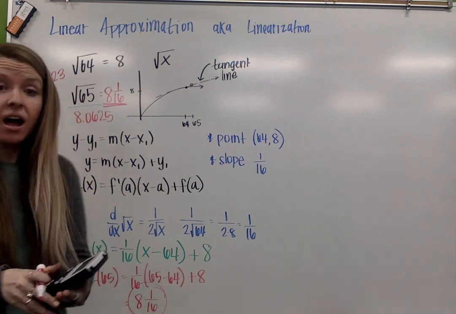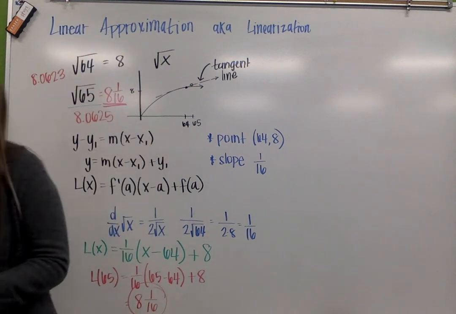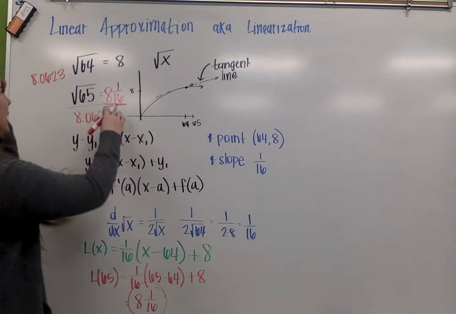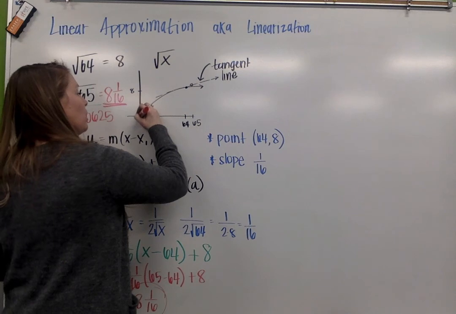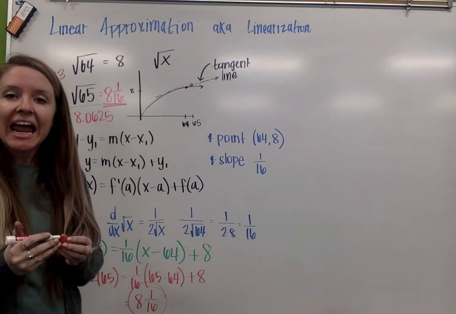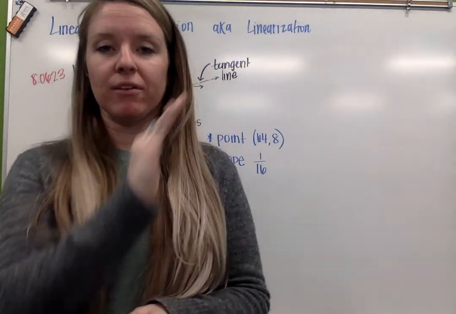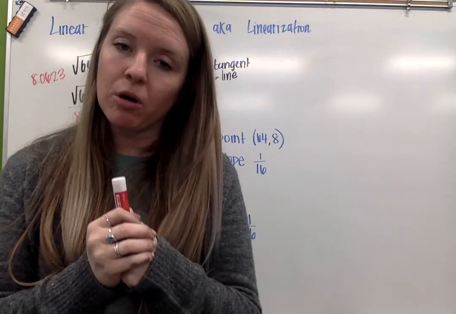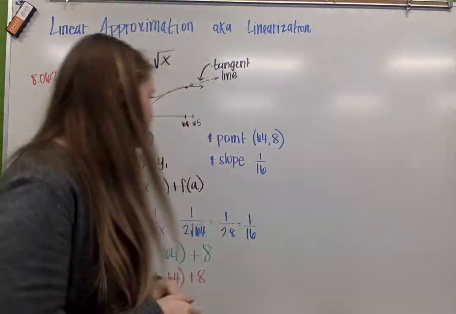So that's a pretty solid estimation. That's pretty cool if you ask me. And from here, we can tell that all of our estimations are going to be over because our tangent lines are all above our curve. And we'll talk a little bit more about that in the future.